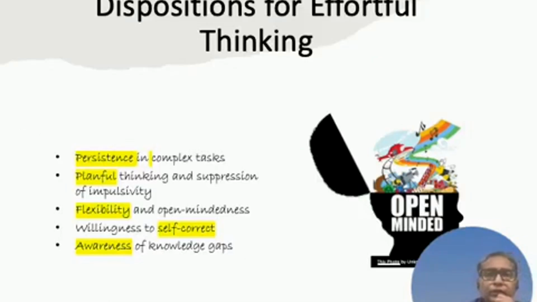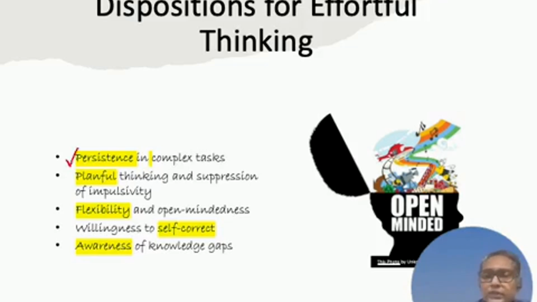So coming to the dispositions, I really want you to read the entirety of the description provided in the book because that gives you a comprehensive understanding of the attitudes and dispositions that a critical thinker needs to have. But I'm going to briefly talk about some of the characteristics.